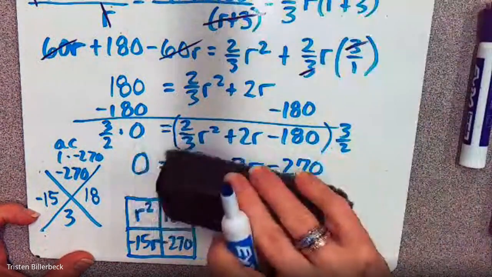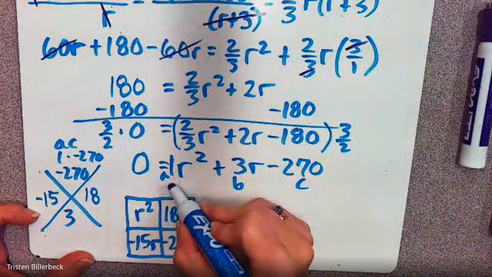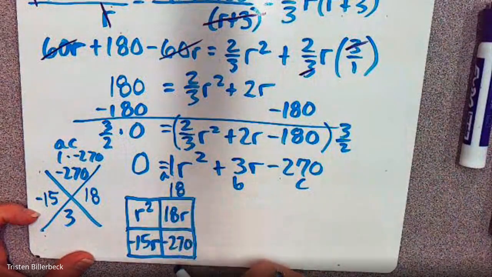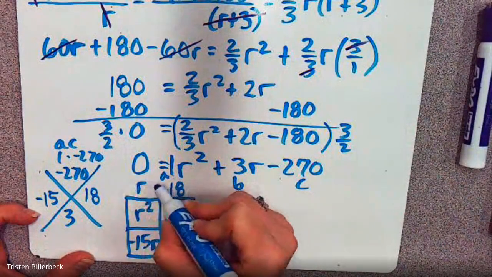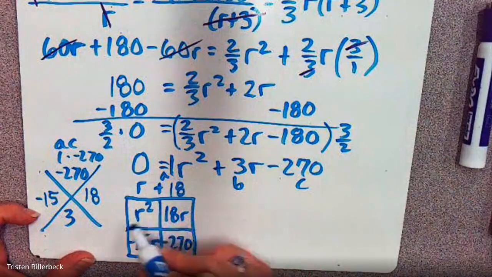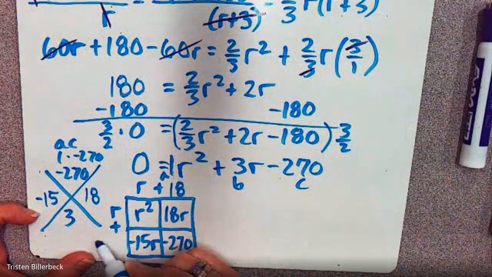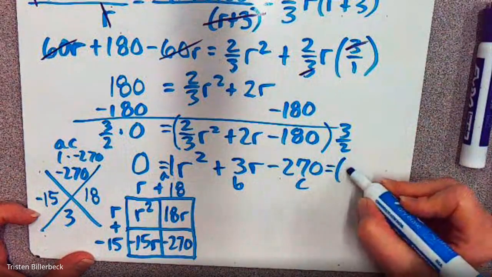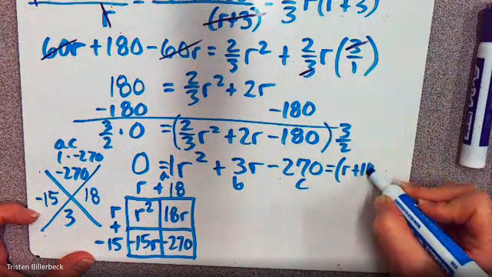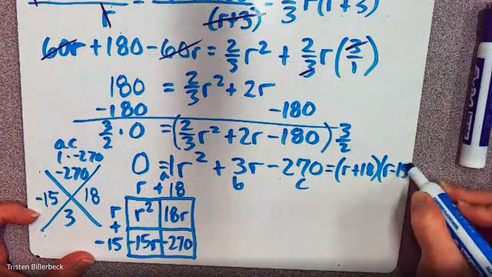Okay, this a is in my way right here, so I'm going to move it. So this factor, we know 18 goes into 270. We have an r here, so r plus 18. This is an r, and then we have plus, and then we have a minus 15. Okay, so this is going to factor as r plus 18 times r minus 15.